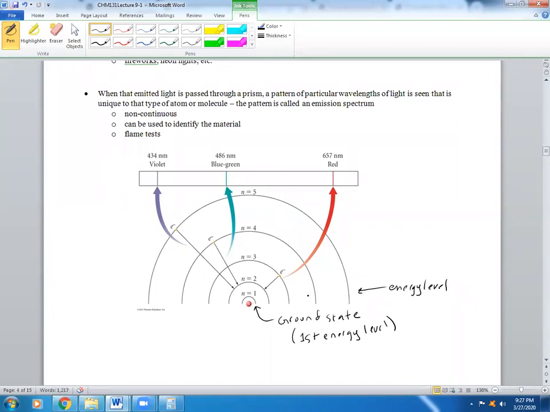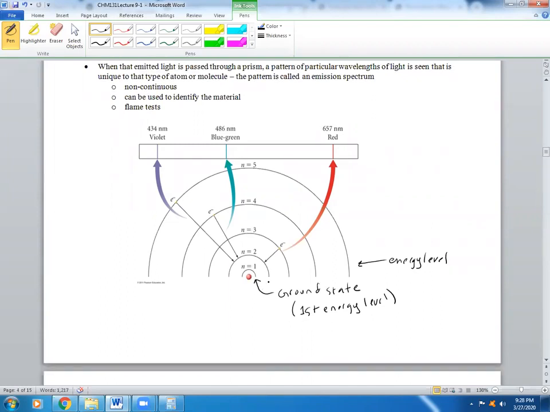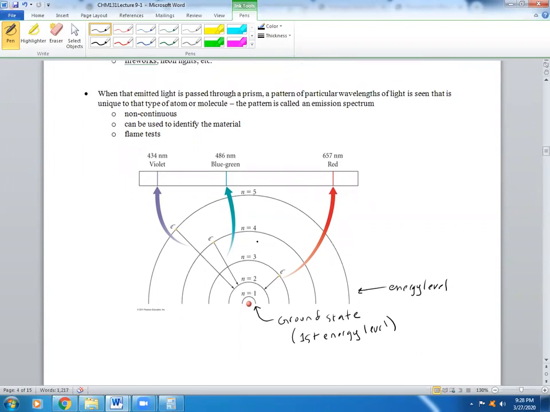Oppositely charged, so they want to be as close as possible, explaining it in very, very simple language. The second energy level has more energy, but it's the second one preferred, and then the third, and then the fourth, and then the fifth. As you move out, you now have more space, and you will see that more electrons are going to occupy these.